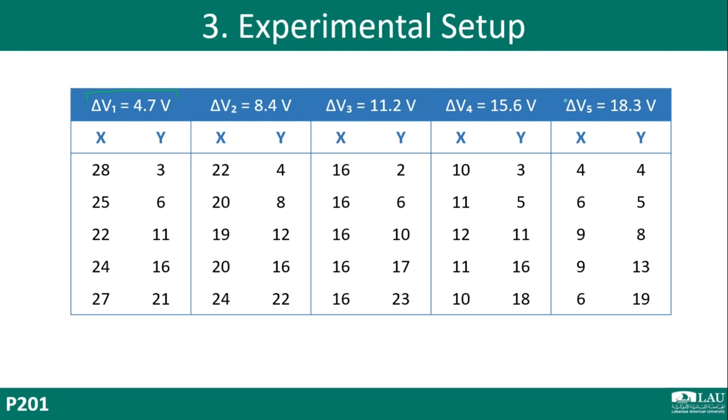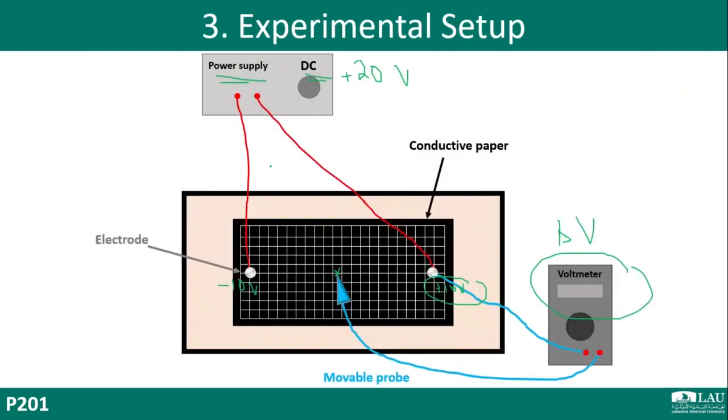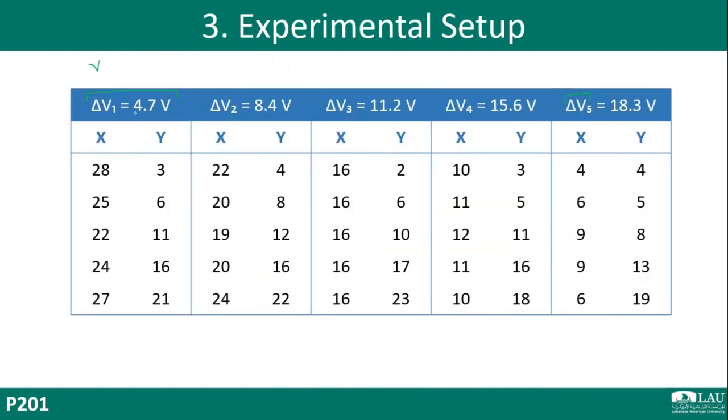Here, because it's delta V, pay attention, it's delta V, not V. In the lab report, I'm asking you to write V. So V is simply 10 minus, let's call it Vx, the unknown value, which equals 4.7 volts.